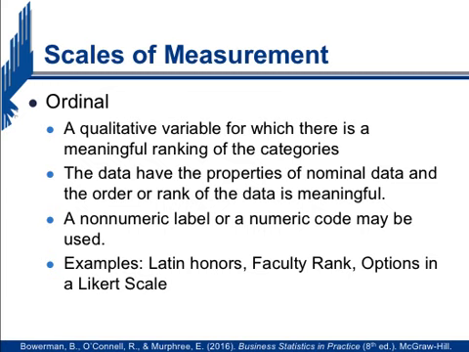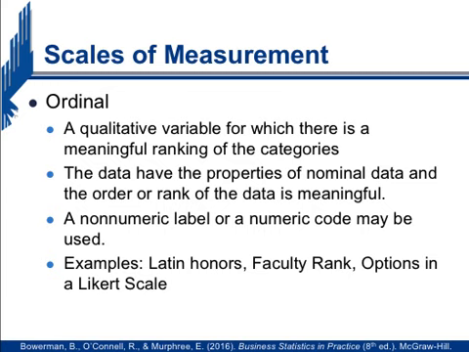Now, these Latin honors are representing different categories, and here we know that there is meaningful ranking between the categories. Obviously, the cumulative QPI of students who are part of the summa cum laude group are higher as compared to the cumulative QPI of those students in the cum laude group. So again, Latin honors is a variable that follows the ordinal scale of measurement.